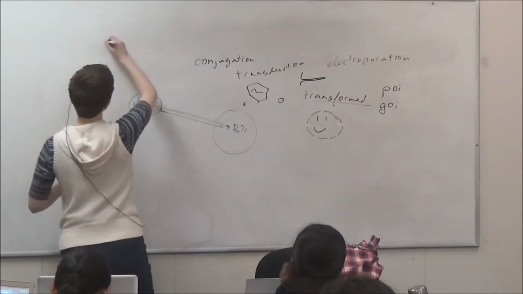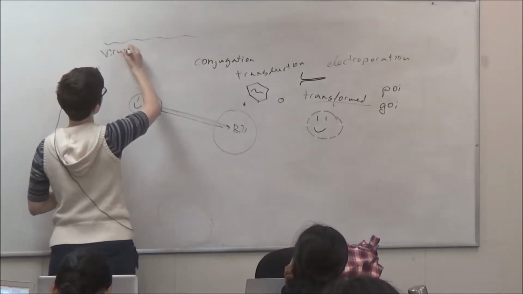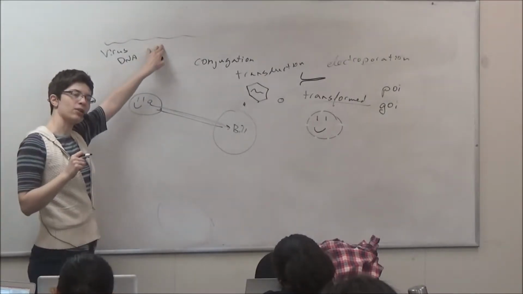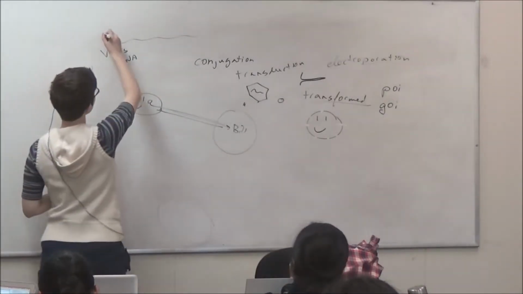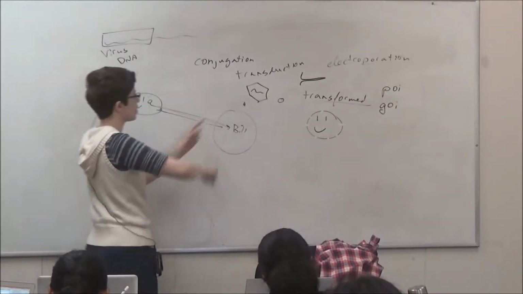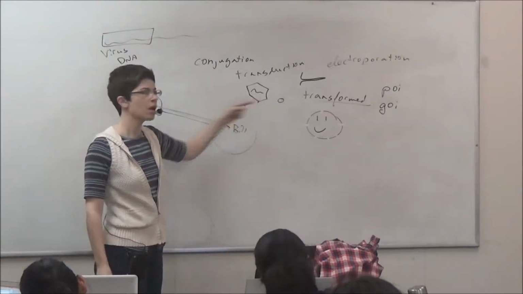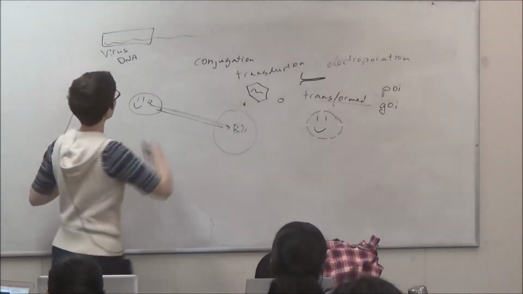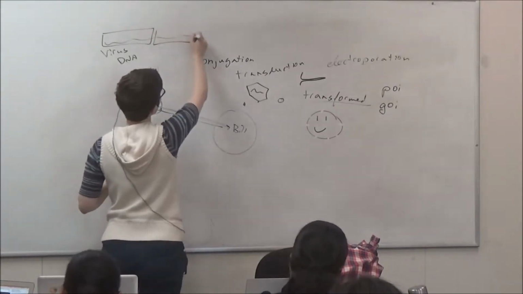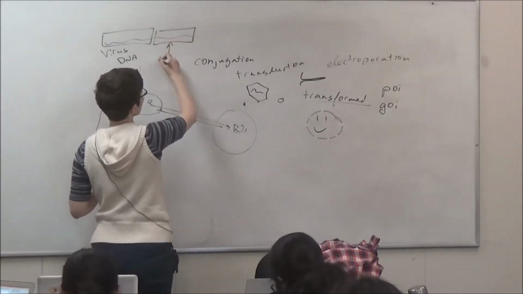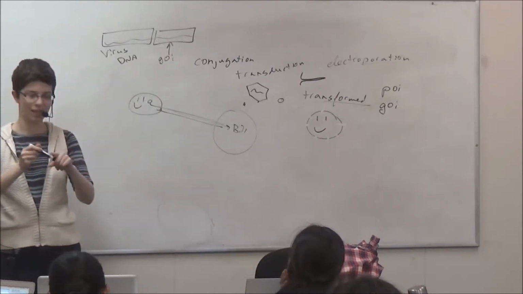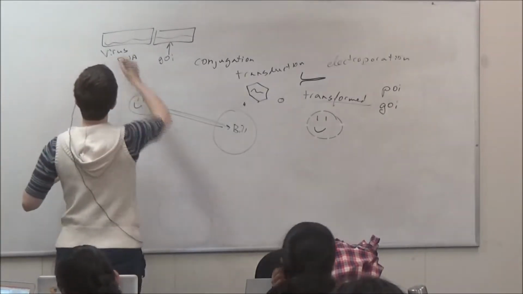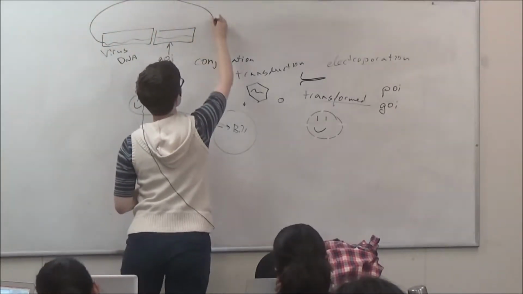So if I took regular virus DNA and modified it, maybe I keep the parts that are necessary for creating the viral envelope, but I take out the parts that I don't want, or maybe add some new parts. And the new thing I've added is the gene I want, my GOI, my gene of interest.